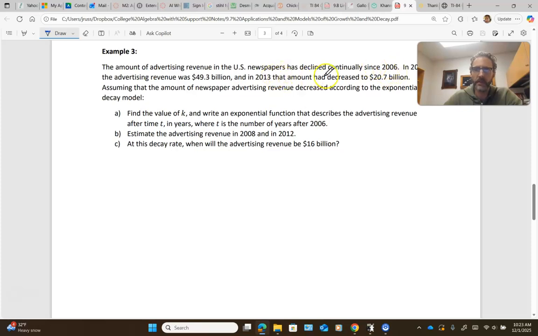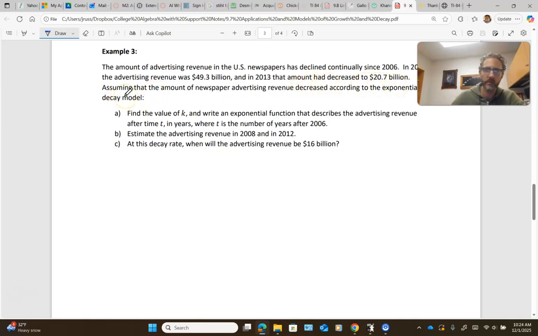So in a difference of 7 years, the revenue has decreased by about $28 billion.